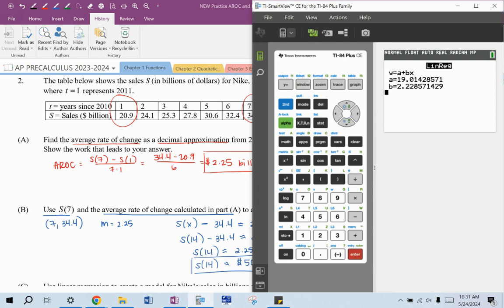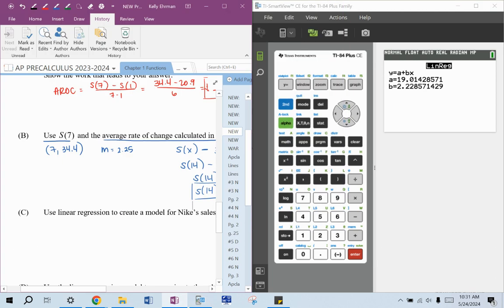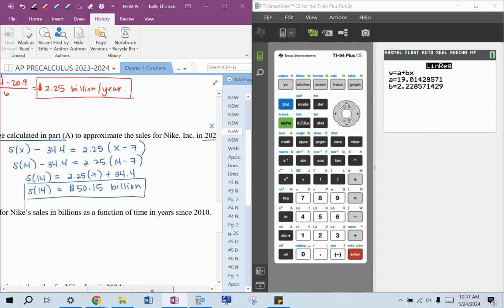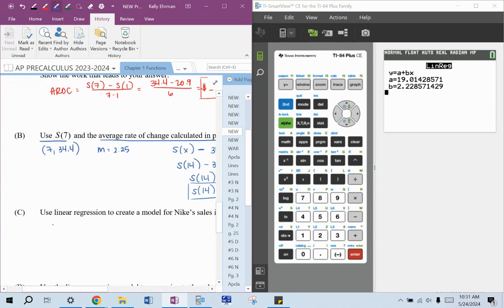All right, so I'm going to write this down unrounded. So it's not y equals, it's S of x, because x was time. So S of x is equal to, don't round this, 19.01428571.